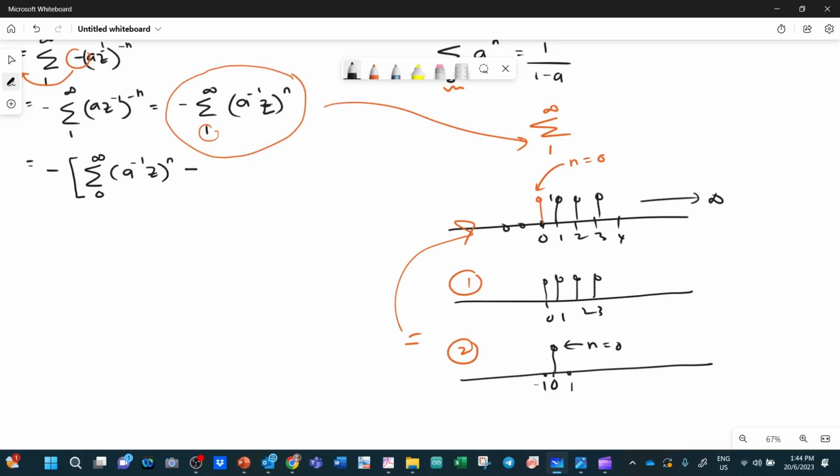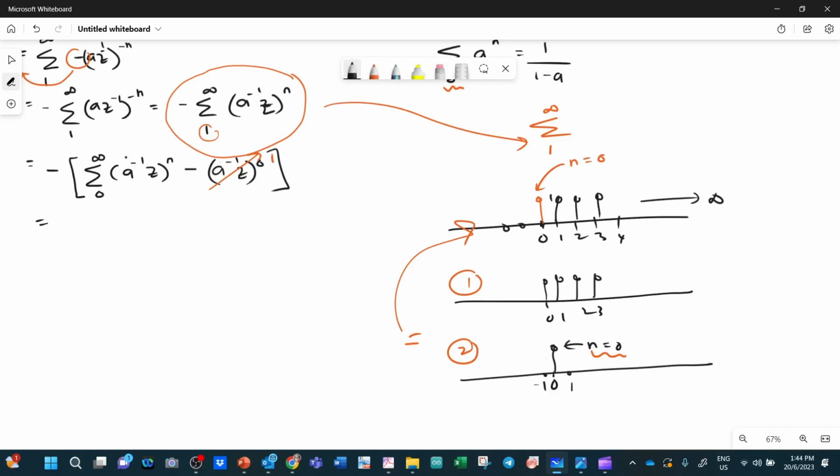Therefore, when you write this, you can rewrite it as a minus 1 z. What is the n value? n is equal to 0. So n equal to 0, this one is 1.